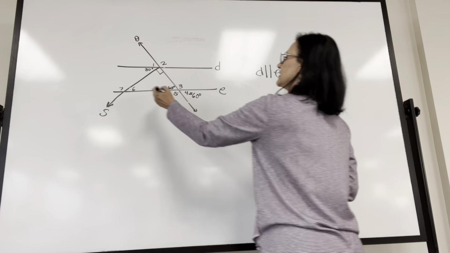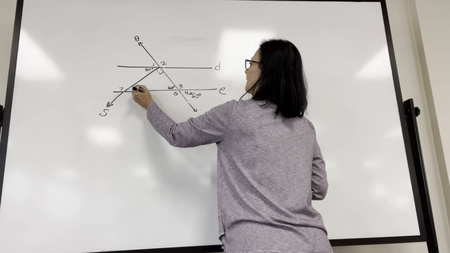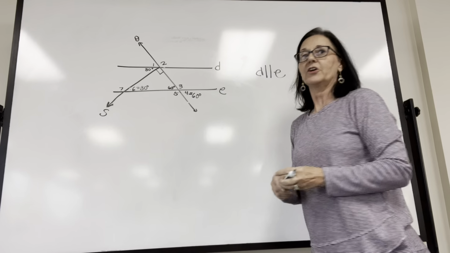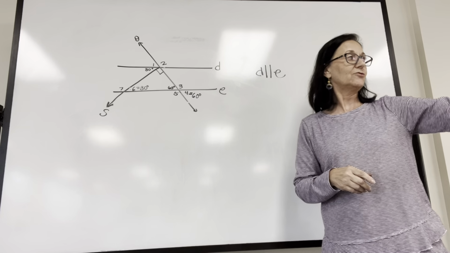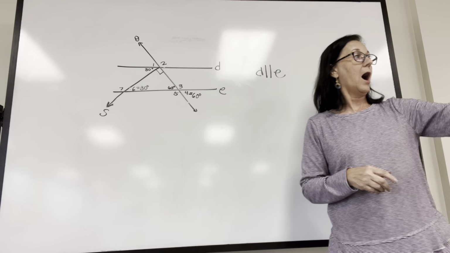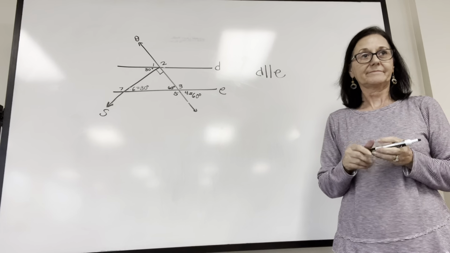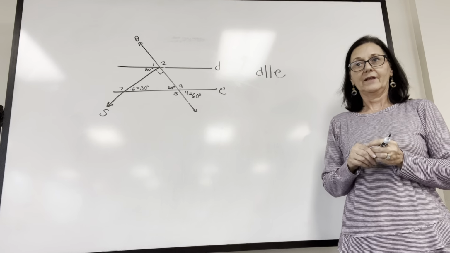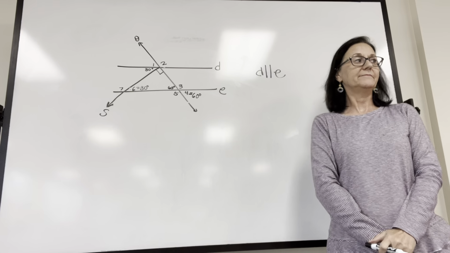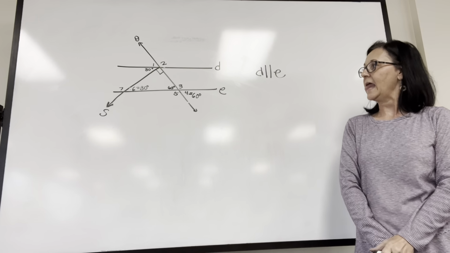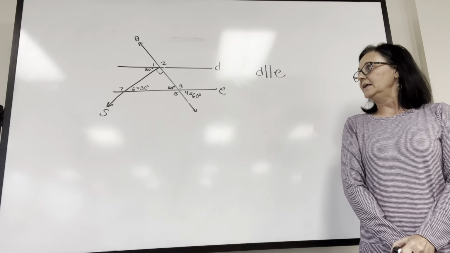How do you know angle 6 is 30 degrees? Because 90 plus 60. The acute angles of a right triangle always have to equal 90 degrees. Complementary. Okay. And then do we know that the lines are parallel yet? We know that angle 7 has to equal 150.